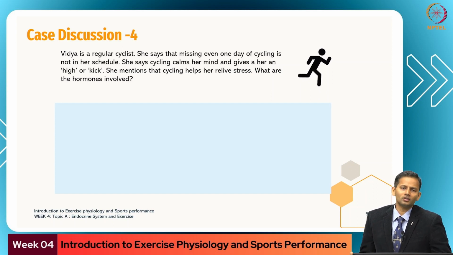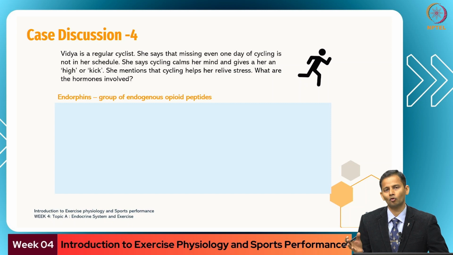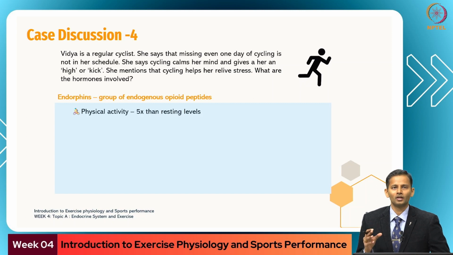So with all these inputs, what do you think the hormone involved is? Yes, there is a specific group of hormones, a kind of endogenous opioid peptides. They resemble the action of opioids, and these are called endorphins. They are produced by the body, and they increase about 5 times from the resting level when you do a physical activity or exercise.